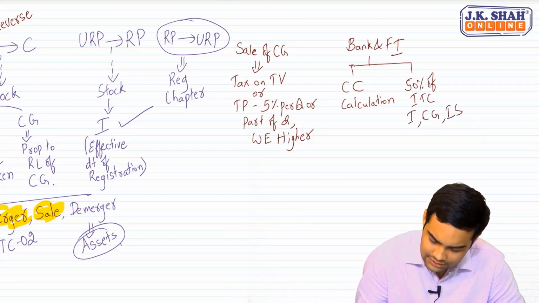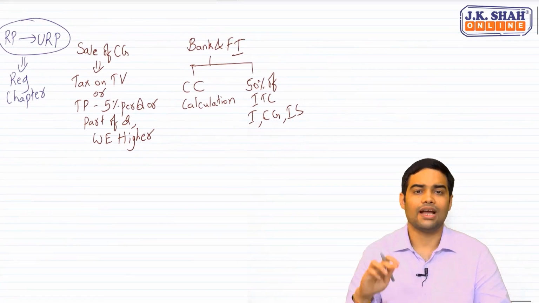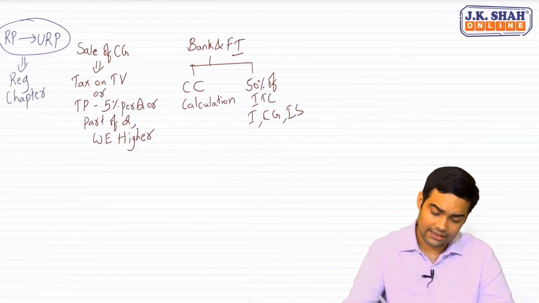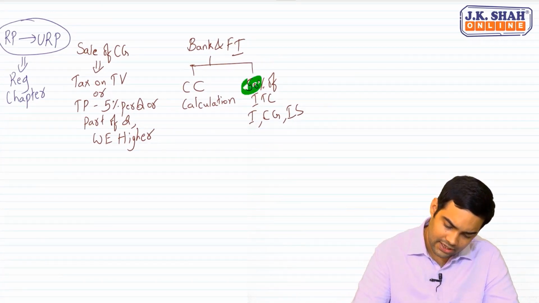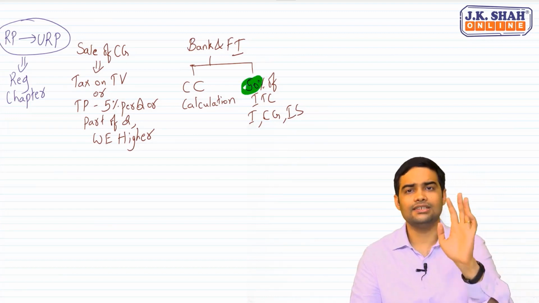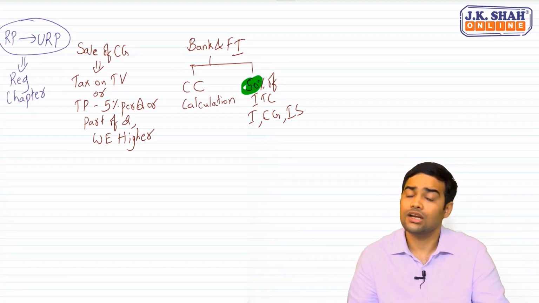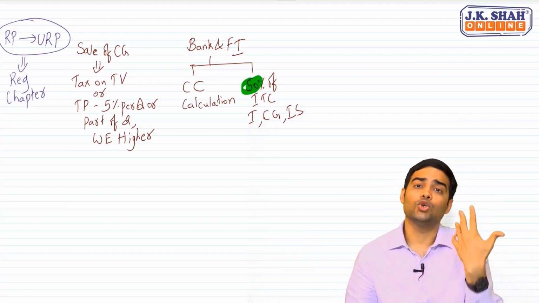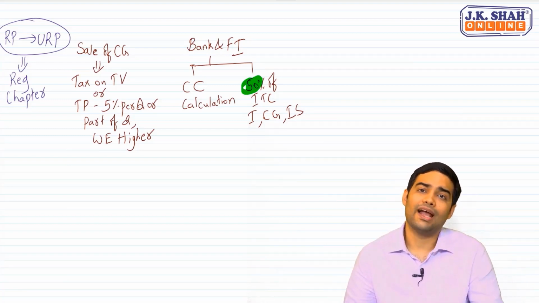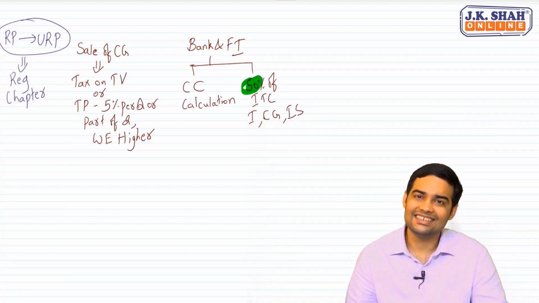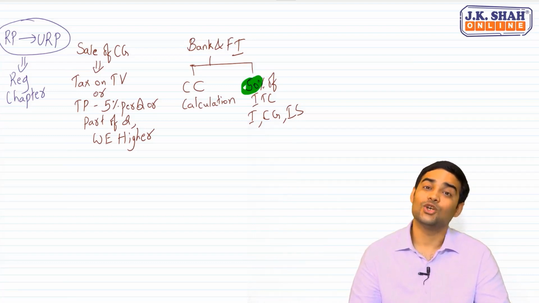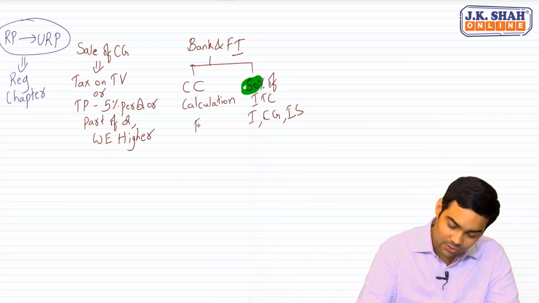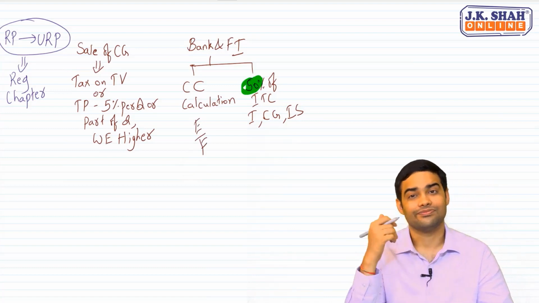So this is the second option for banks and financial institutions. And trust me, most of the banks in India use this 50% easy method, plus they get more ITC. Sir, how will they get more ITC? Mostly main income of banks and financial institutions is interest, which is an exempt supply. So if they were to do this E by F calculation, they'll have to pay more.